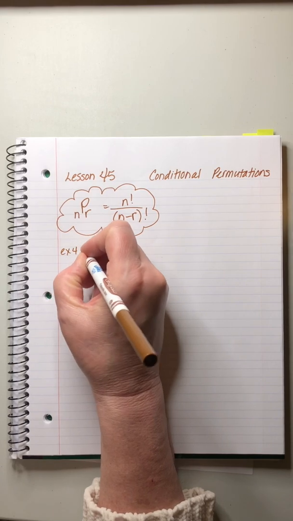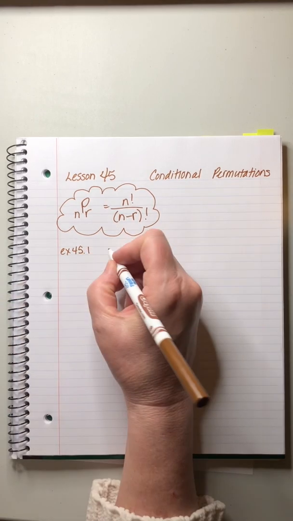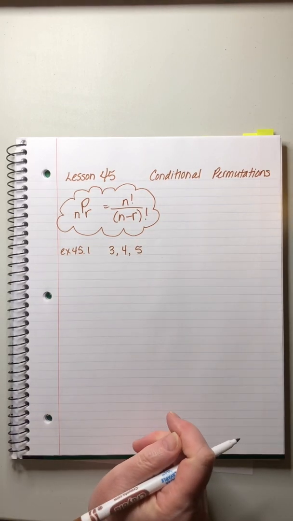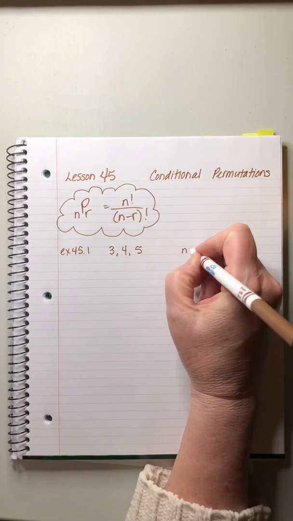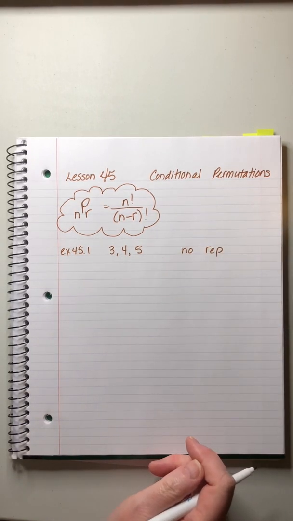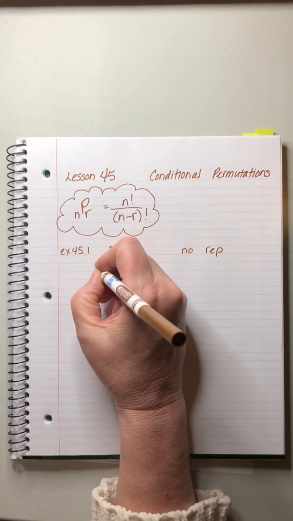Example 45.1. How many odd counting numbers can be formed from the digits 3, 4, and 5 if there is no repetition of the digits permitted? Okay, odd counting numbers is what we're trying to create.